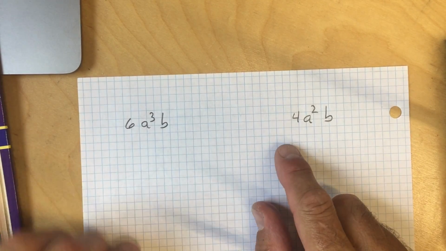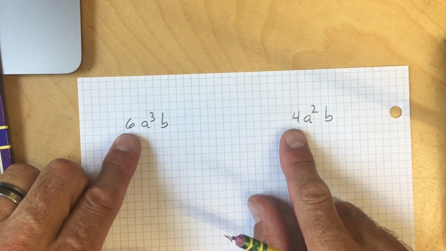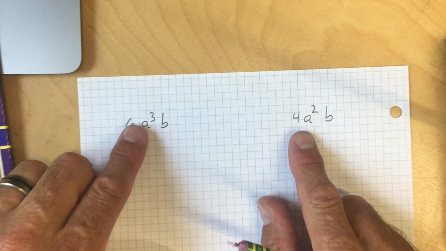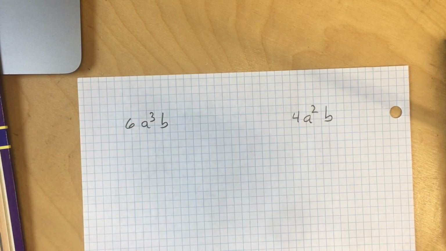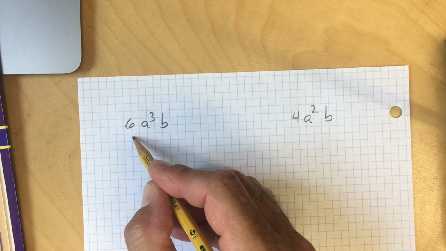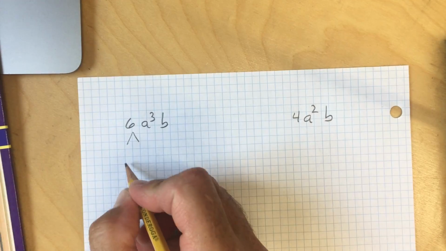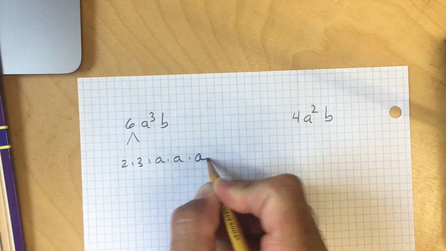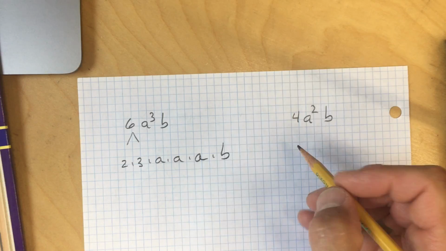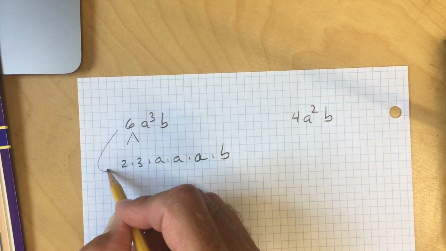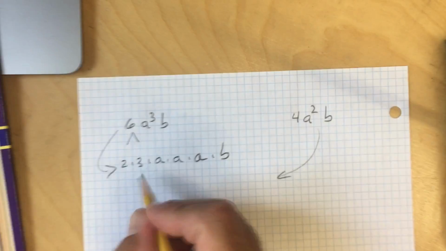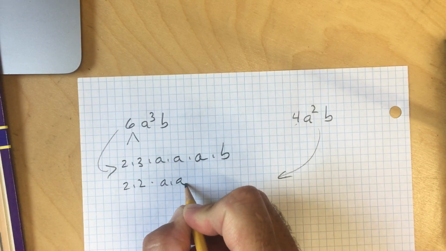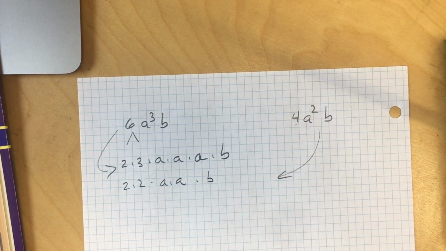So we want to find the greatest number that divides into 6 and 4, and we want to find the greatest variable that divides into both of those. So let's do this. Essentially, this is 2 times 3 times a times a times a times b. And this is, I'm going to do this one down here. 4 is 2 times 2, and then we have a times a, and we have b.